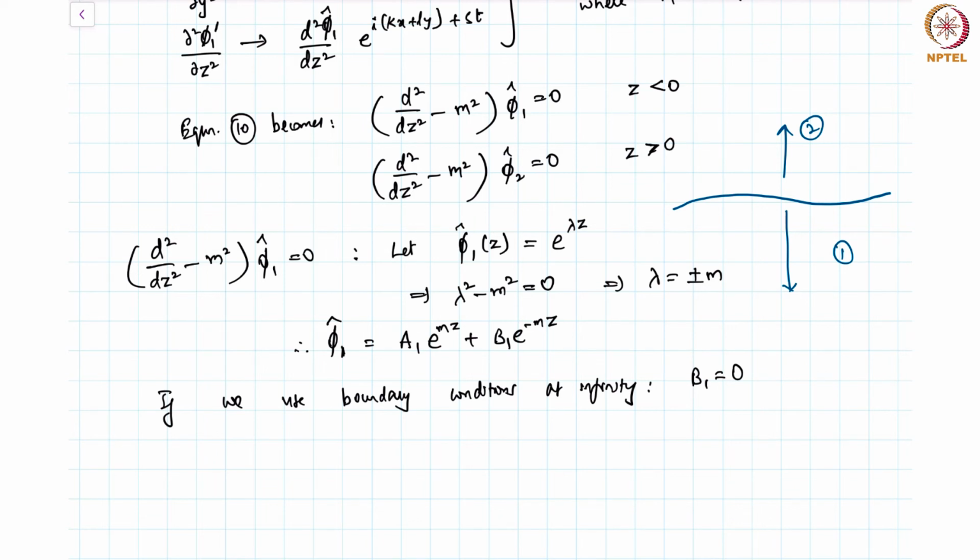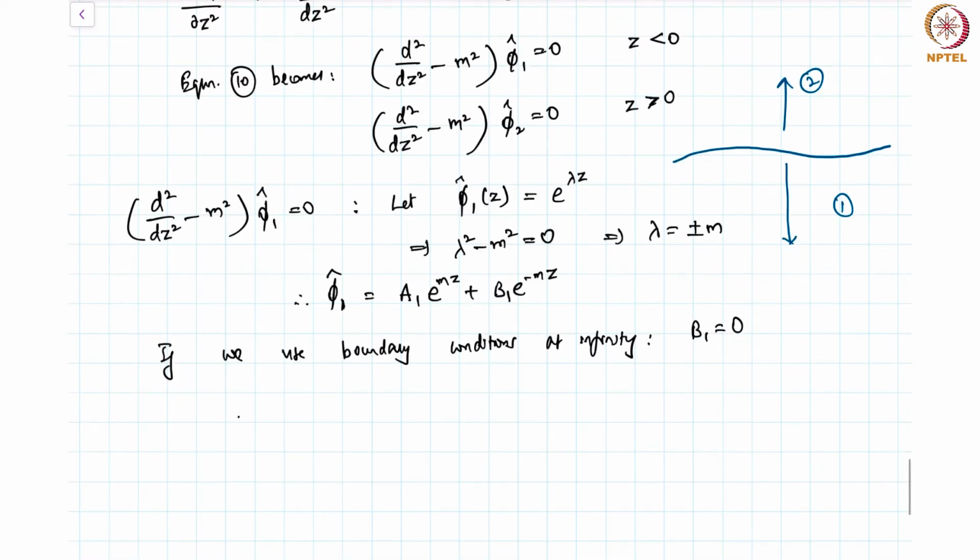That's also consistent with what we had said, that the perturbation is basically confined to a region closer to the interface that is deformed. Far away from this perturbation, you would expect the perturbation amplitude to decay to 0. Therefore, I simply have phi 1 prime would simply be a1 e power mz.